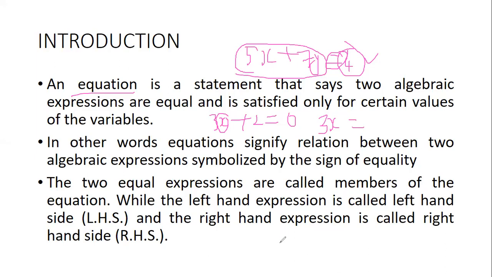Whenever you have plus on one side and it goes to the other side of the equals sign, it changes sign. So plus becomes minus, and minus becomes plus. If you have division, it becomes multiplication. If you have multiplication, it becomes division. Understood? This is the basic rule you should always remember while solving maths and stats. If it is plus on one side, it will become minus on the other side.